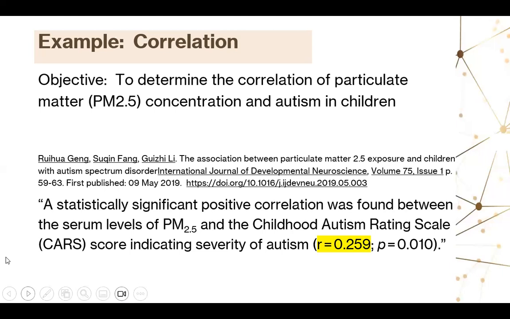And this is what they wrote in the results. A statistically significant positive correlation was found between the serum levels of PM2.5 and the Childhood Autism Rating Scale, or CARS score, indicating severity of autism.